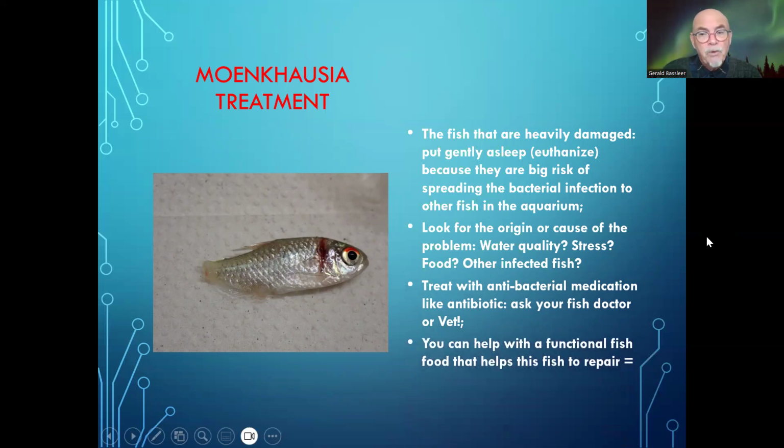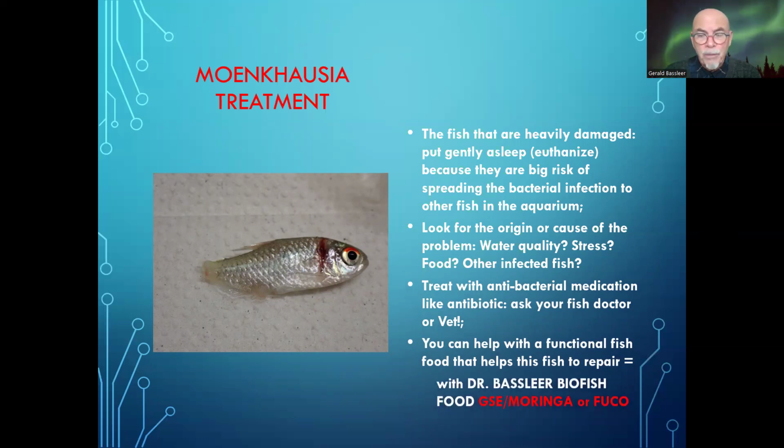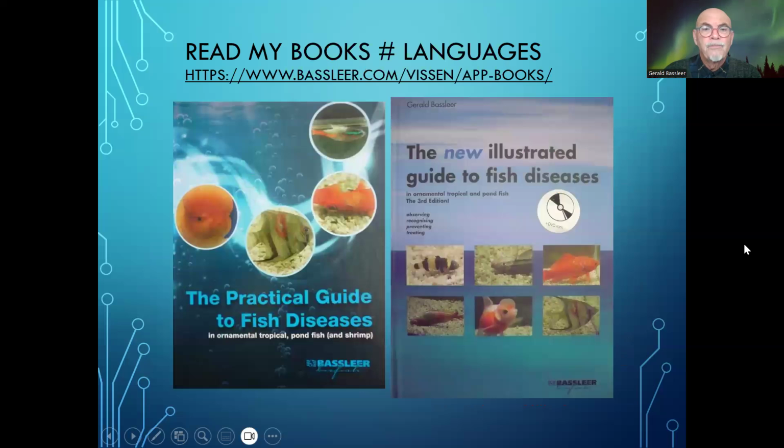And at the same time, you can help with a functional fish food that helps this fish to repair. And we would recommend, in this case, Dr. Bassleer Biofish Food, grapefruit seed extract combined with moringa, or Fuco. Both are well meant to help the fish during bacterial infections.